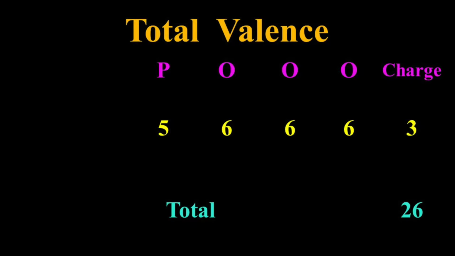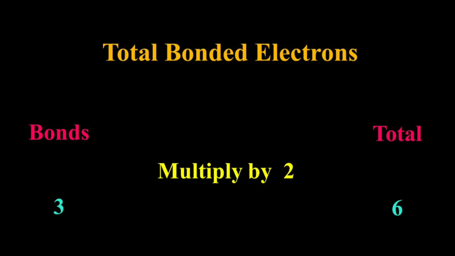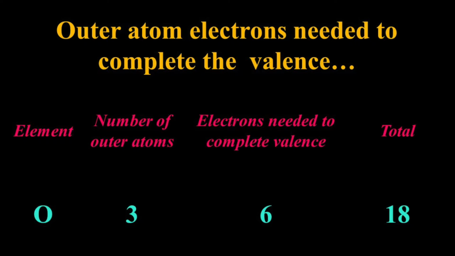Then the bonds will be 6 because there's 3 bonds. So it's going to be 3 times 2 is 6 electrons. And we have 3 outer oxygen atoms, so that'll be 18. So 18 and 6 is 24.